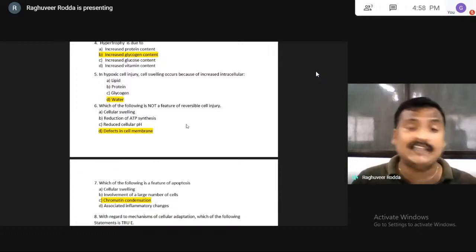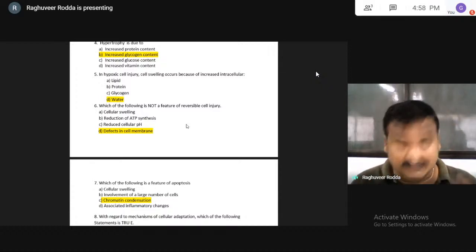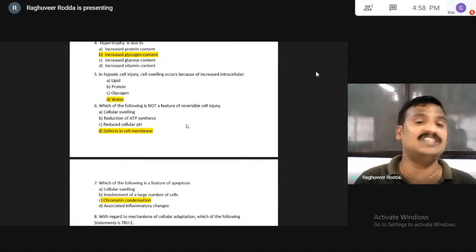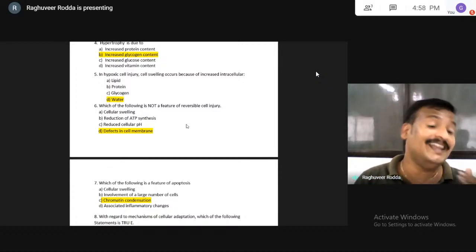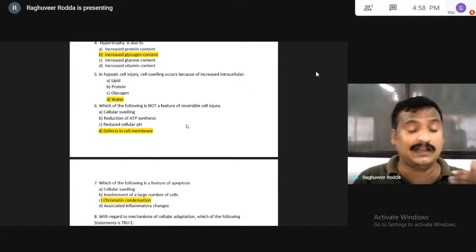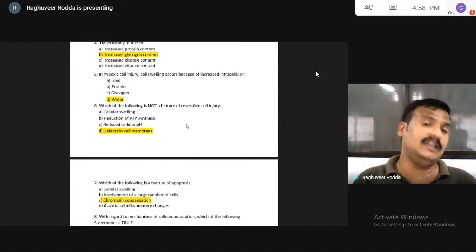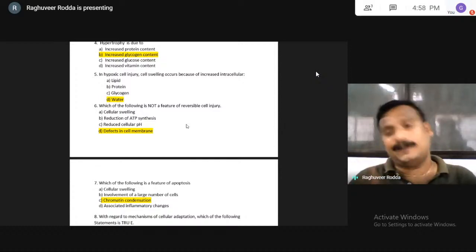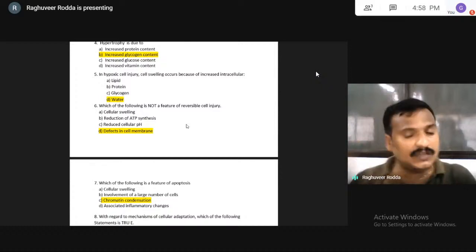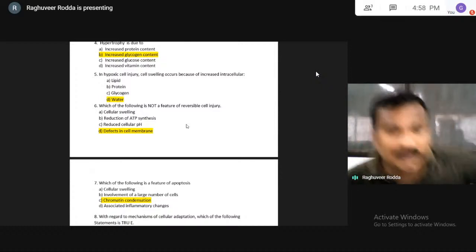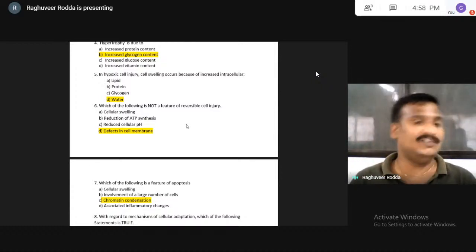Until the cell retains its membrane integrity, or the cell components are not destroyed, if you remove the stress responsible for the injury, the cell will recover from that particular injury.